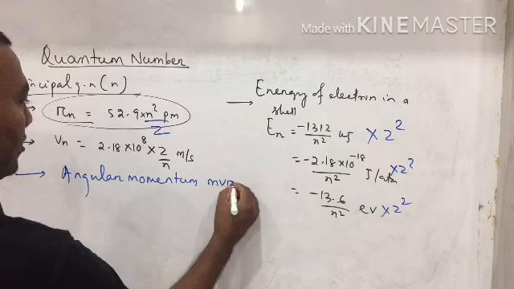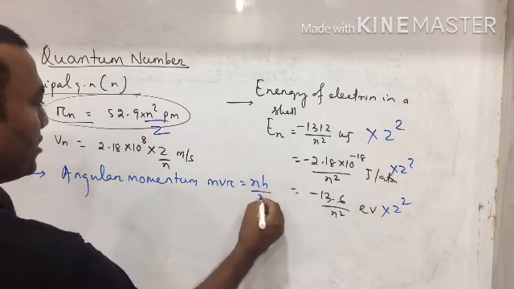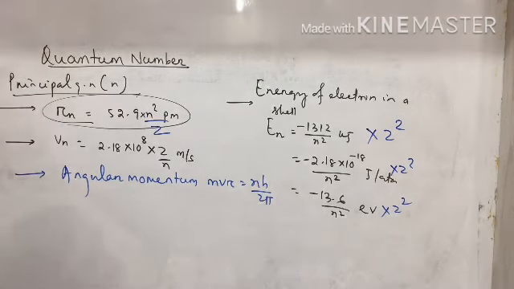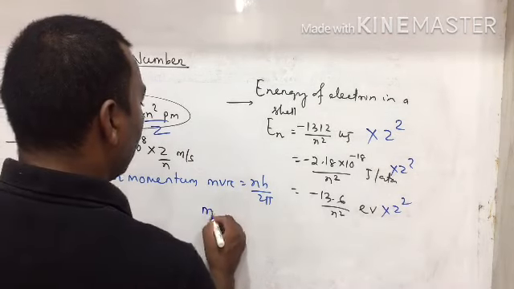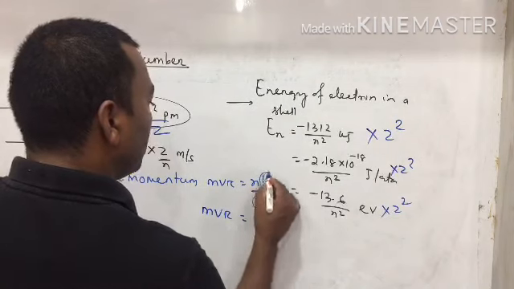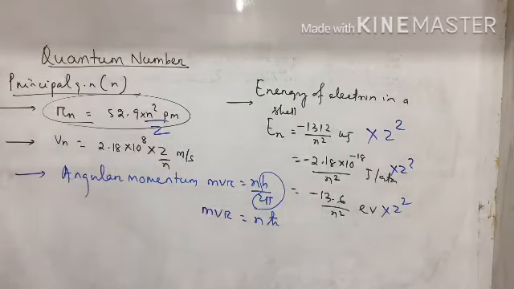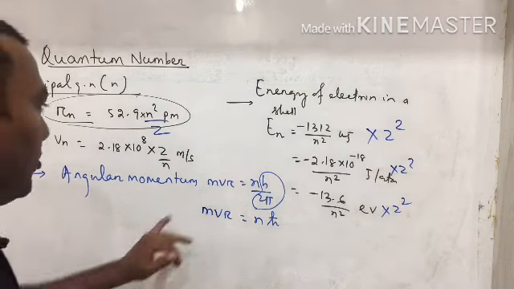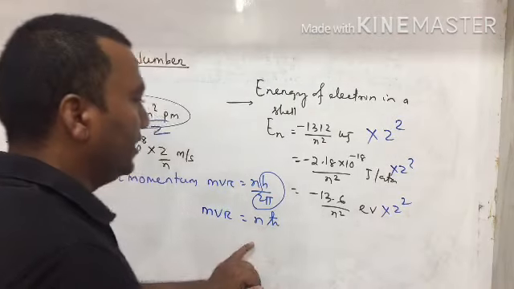What formula? mvr equals nh by 2 pi, or we can write mvr equals n into h cut, because h by 2 pi is a constant value. So that's why in place of h by 2 pi, we can write h cut. So angular momentum equals like this.